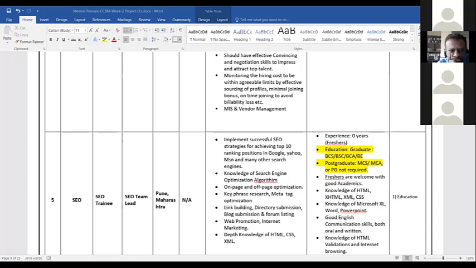Like if you see for SEO trainee, I have considered graduation and post-graduation. So my question is, taking into consideration these positions wherein we are okay with MCS and MCA, or if PG is not required, if he is a BE candidate, which qualification should be considered? Because if I'm considering either of these two slabs, the pay line salary is giving me different results. Yes, I understand that. That's a good point, Ma.